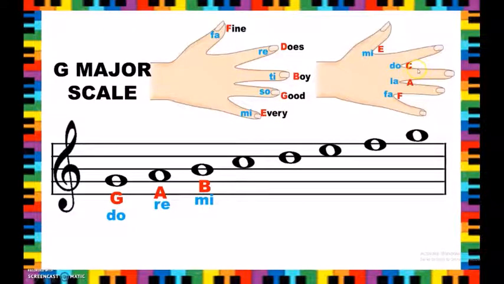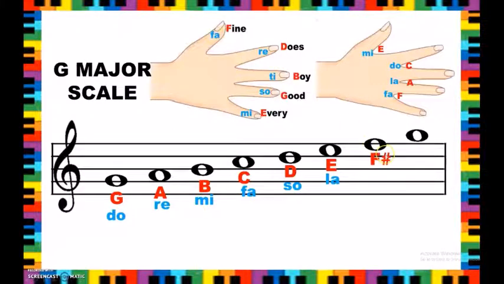So, third space is C. So, get the letter name C, and then C will become fa. And then the next is D, fourth line. Then D will become so. Okay? And then next is E. So E will become la.